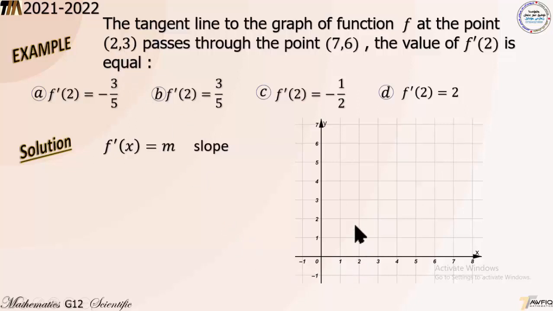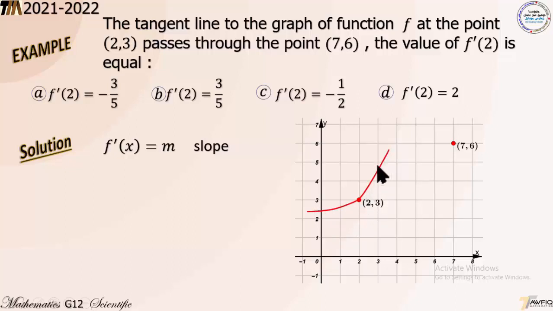And now we have another point, 7, 6. This is 7, 6. And we have a function passing through the point 2, 3, like this.